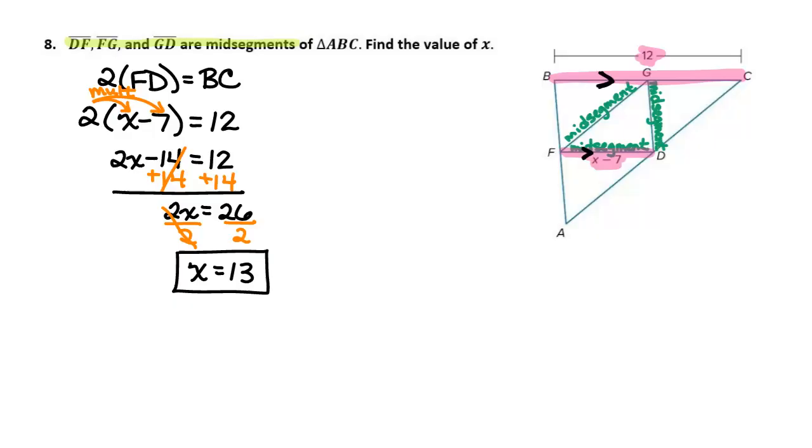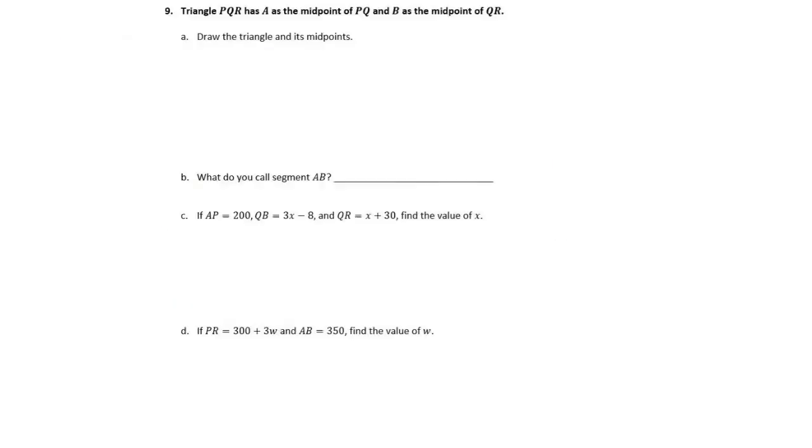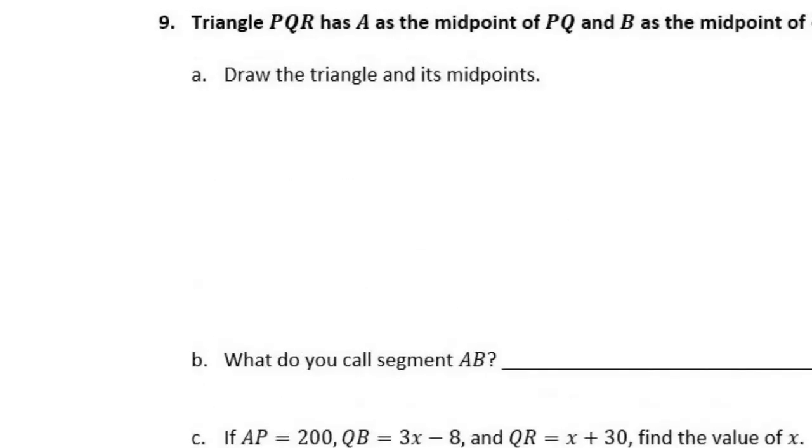Number 9? Absolutely, we can do number 9. I'm going to give just a second to make sure everybody's done copying this one down. All right, number 9. Triangle PQR has A as the midpoint of PQ and B as the midpoint of QR. Draw the triangle and its midpoints. We had a question like this yesterday on the skills check, almost exactly the same.